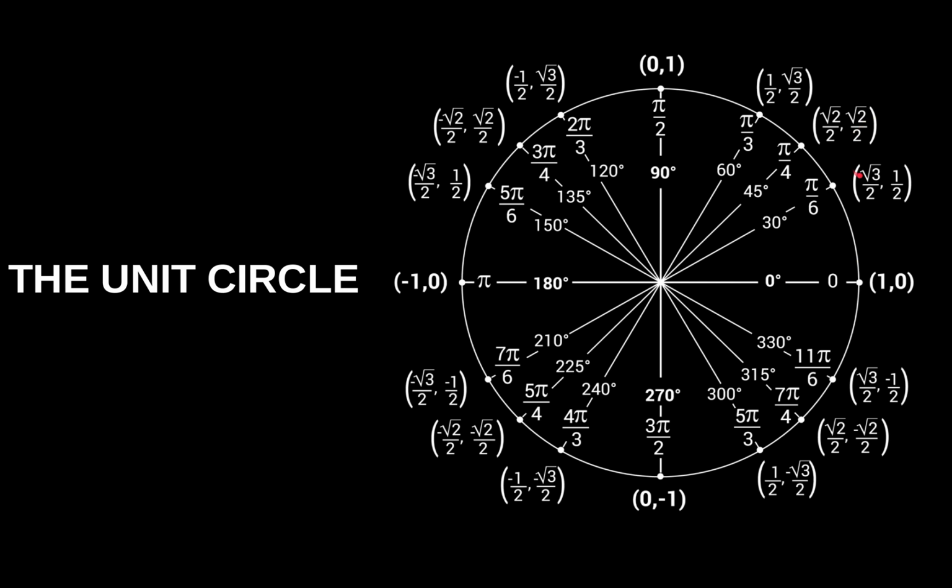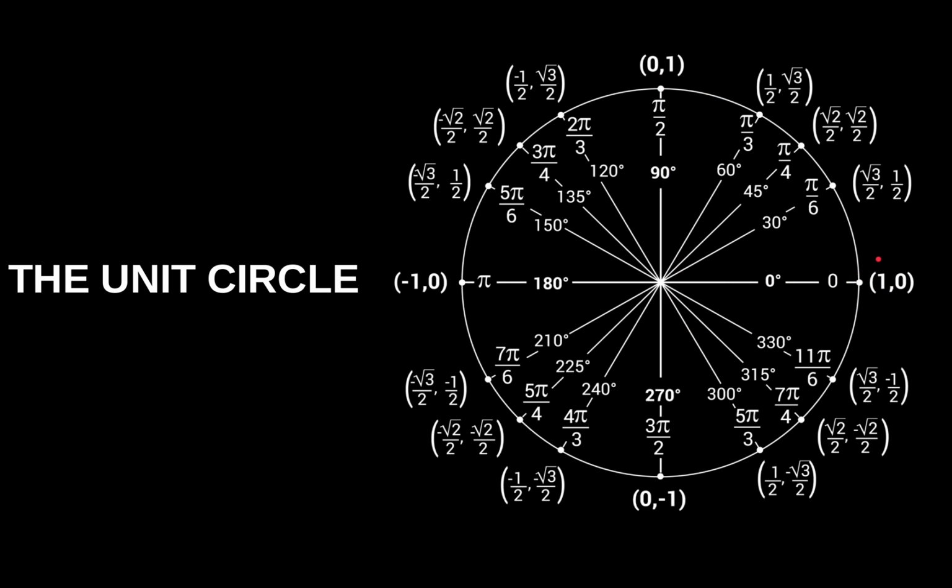The way you read it is, this first number is going to be the length of the adjacent side, and the second number is going to be the length of the opposite side, because this is the x-coordinate, this is the y-coordinate. X is distance along the x-axis, y is distance along the y-axis.